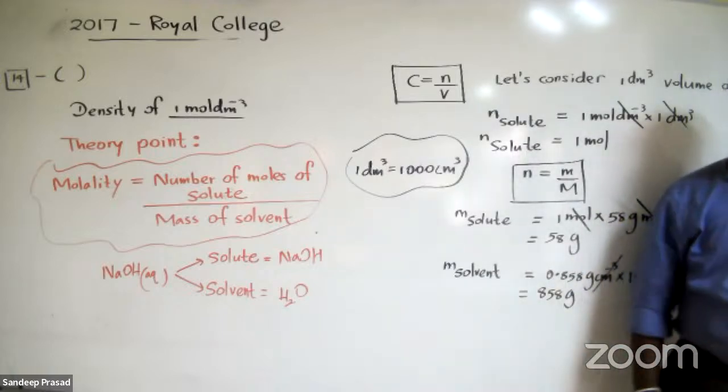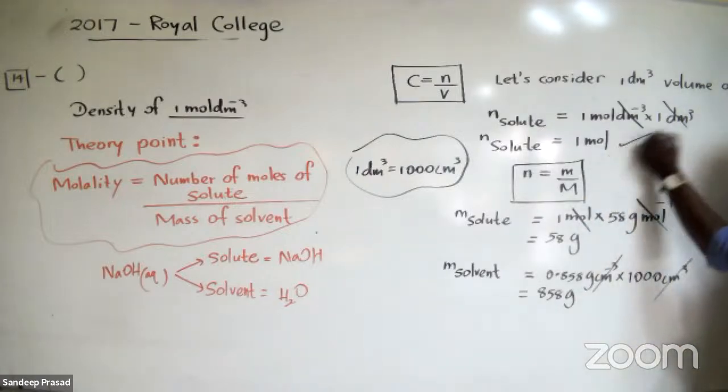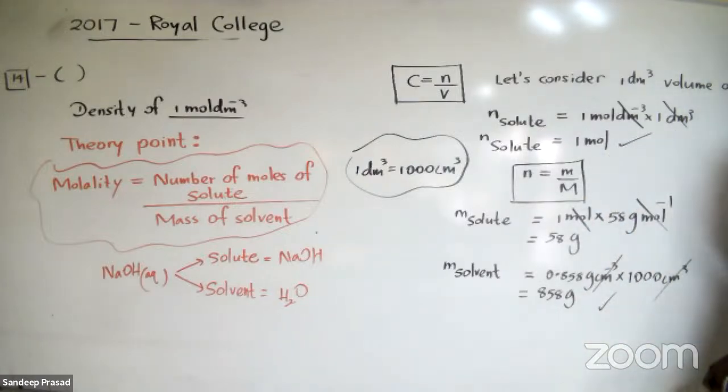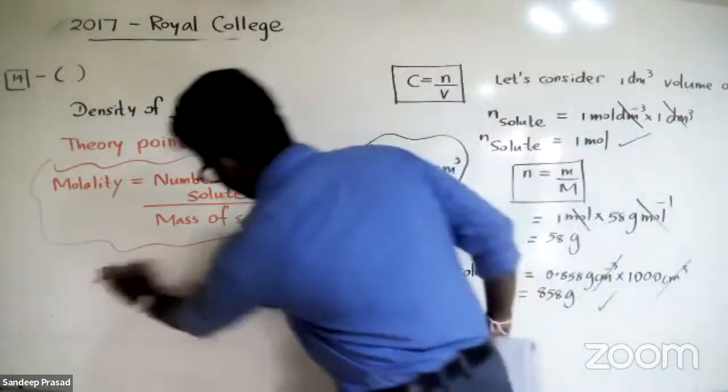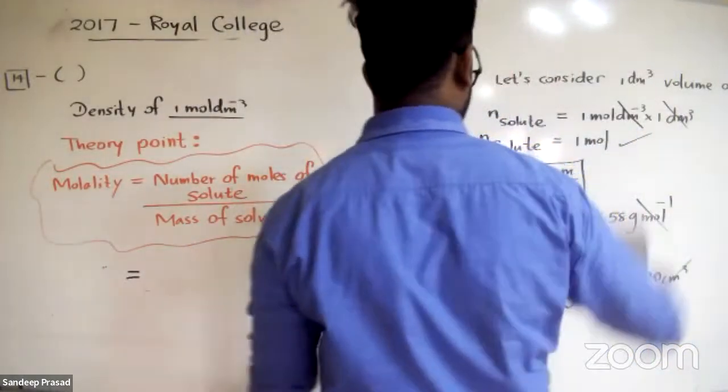Hypothetically, we are assuming we have 1 cubic decimeter, and this is the mass of the solvent. Then these two parameters are enough. Right? And now I'm going to substitute for the molality. Number of moles of solute, just 1 mole.